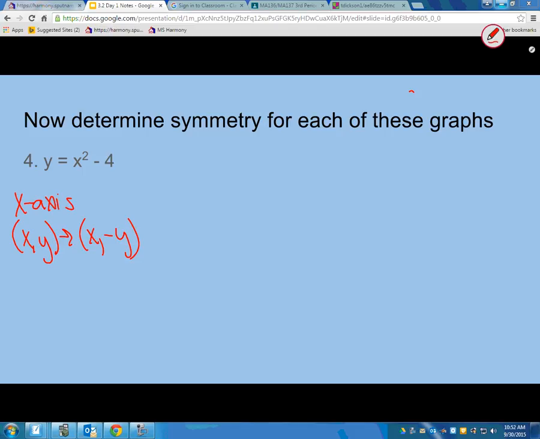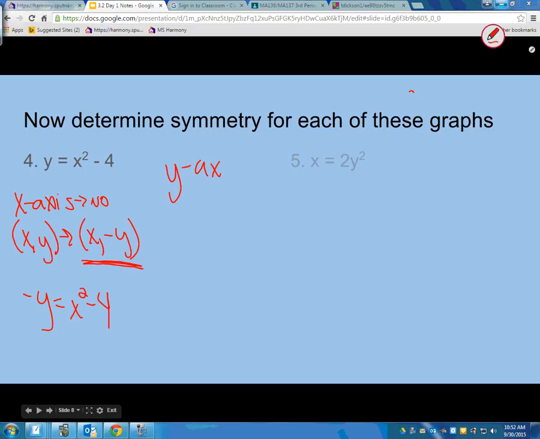It's really easy to tell that without showing work, but I'm going to show a little work on this one. So I'm going to leave x the same, and replace y with negative y. And very easily you can see this does not match the original equation, so it is not symmetric with the x-axis. No.